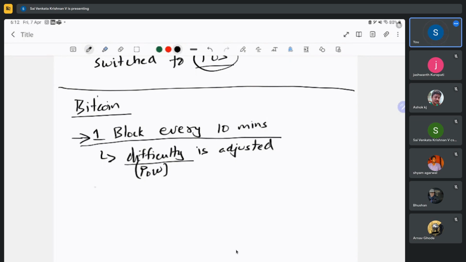But this one block every 10 minutes transforms into around 10 transactions per second, right?